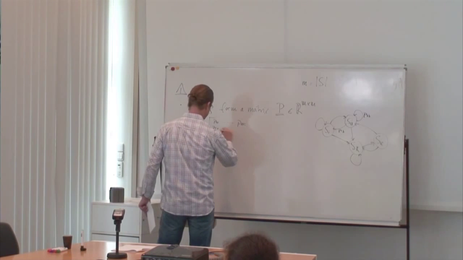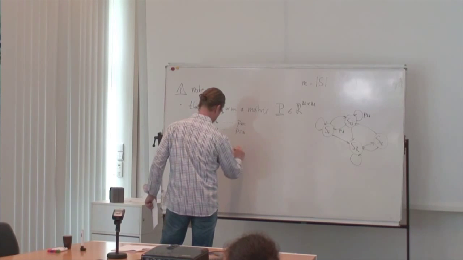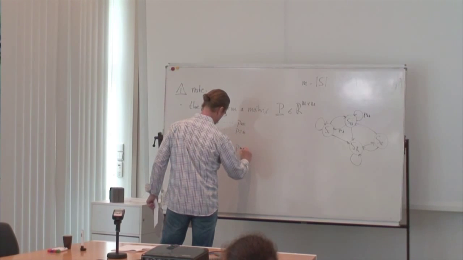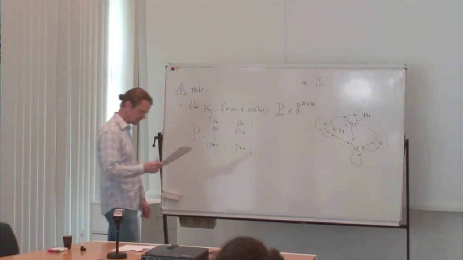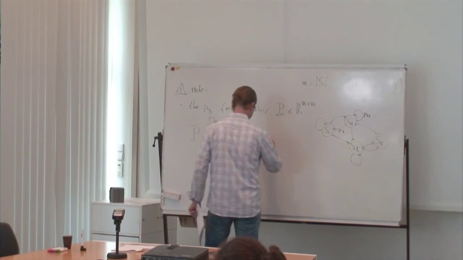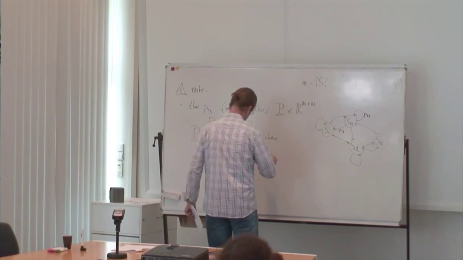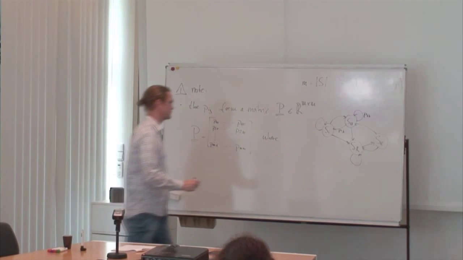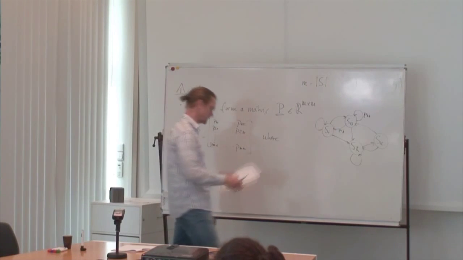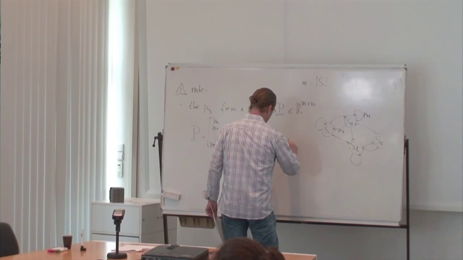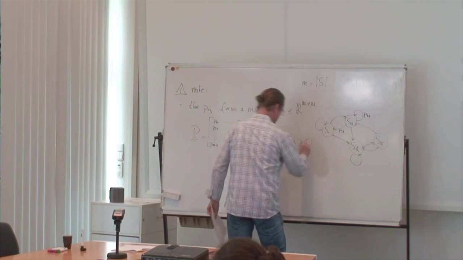And here's P2m, and here's Pmm. This is how this matrix looks like. No big deal. Once again, these are probabilities, right? So each of the entries is a probability. Each of these entries is a number between 0 and 1. So basically they are greater or equal than 0.